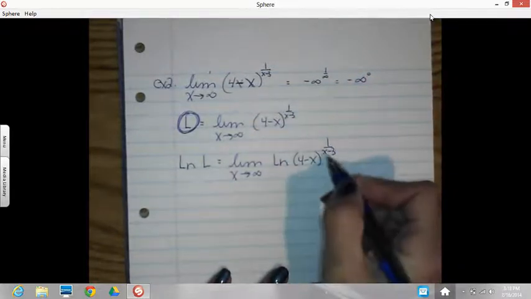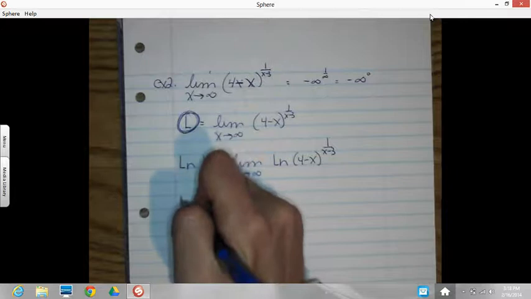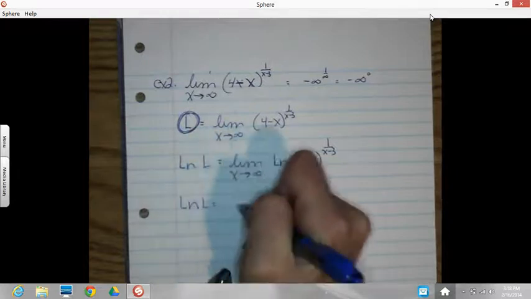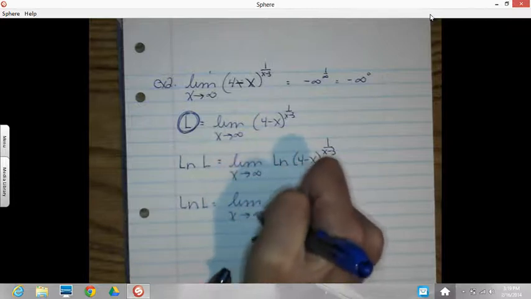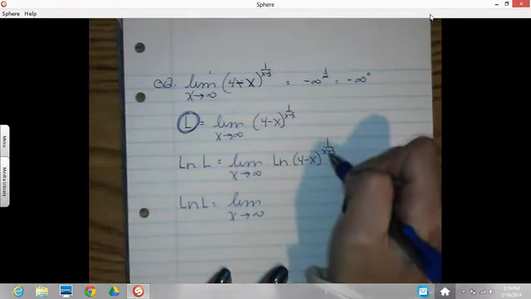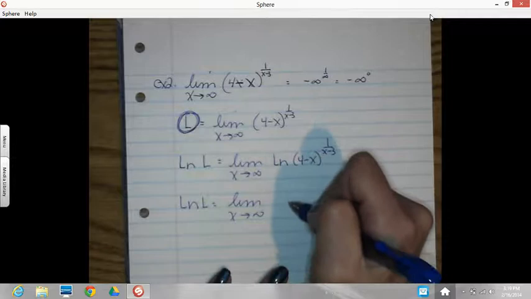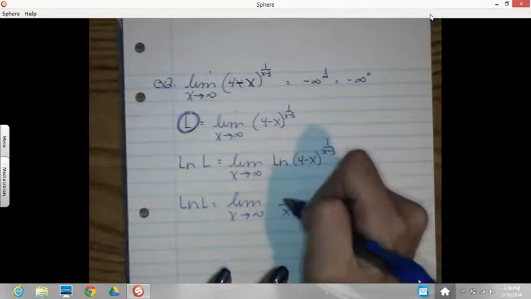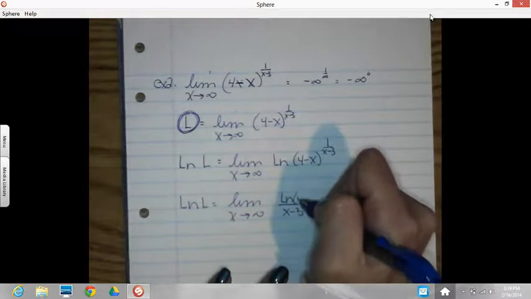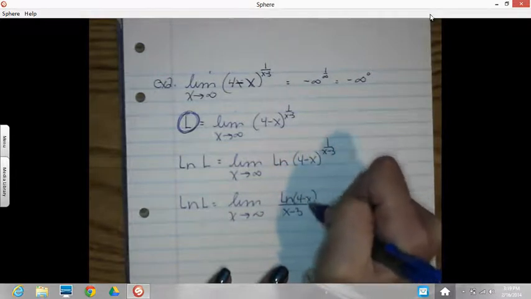I'm going to bring this down and make a fraction. So I'll have 1 over x minus 3, so that puts the x minus 3 in the bottom. This natural log of 4 minus x is going to be in the numerator.